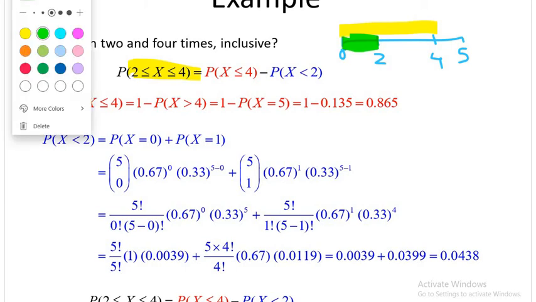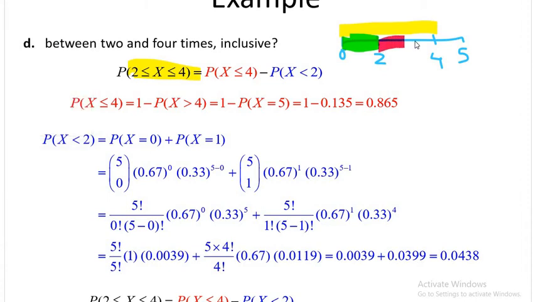The probability which will be left will be from 2 to 4. So that's the idea, they used it here. So we calculated 0 to 4 and subtracted 0 to 2, so you got 2 to 4. So probability of x less than or equal to 4 minus probability of x less than 2, you can find that.